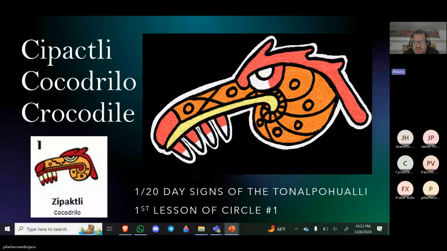So let me go ahead and address the question first. It is basically the Tonal Lamat. It has a lot of those teachings. It is basically the 20-day count, the Tonalpohualli. It teaches the energies, and the spirituality behind it. It's actually something that took me years to find.